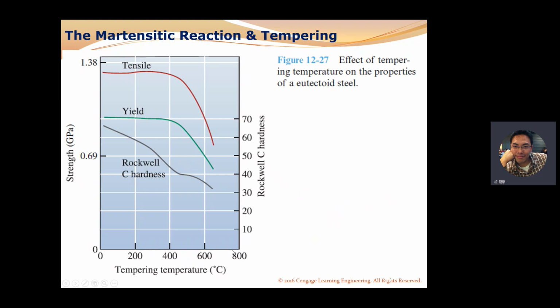This figure shows that if we temper the martensite at, say, 400 Celsius, its UTS would drop substantially, its yield stress would drop, and its hardness decays, with increasing tempering temperature.